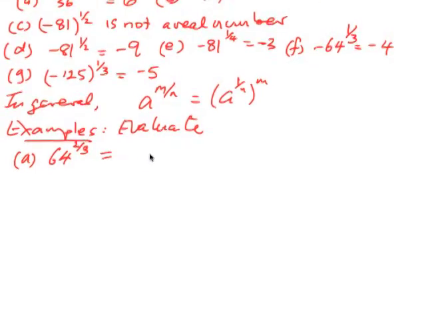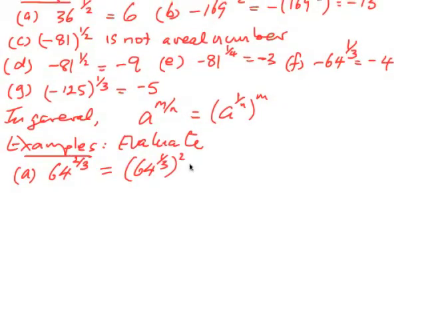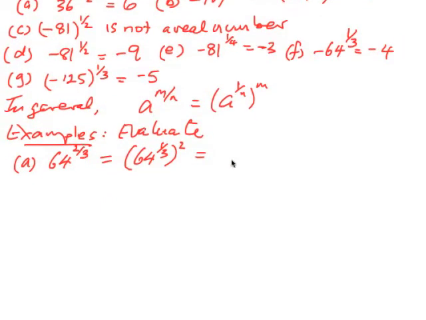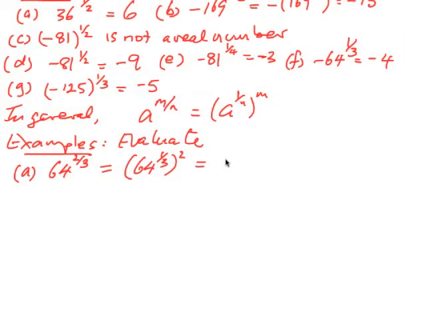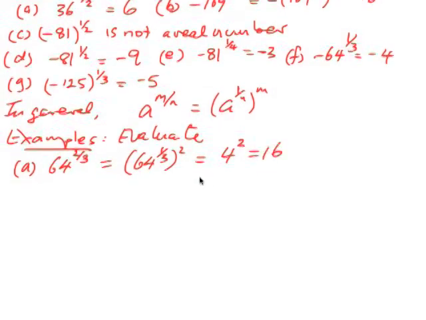So this would be, of course, 64 to the third, squared. Now the third root of 64 is 4, since 4 by 4 is 16, by 4 is 64. So I end up with 4 squared, which would be 16.